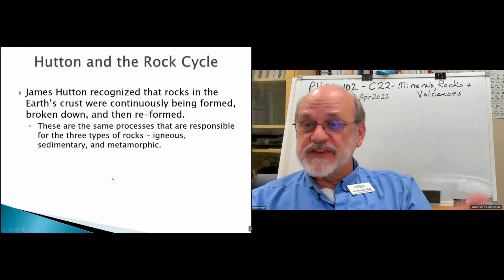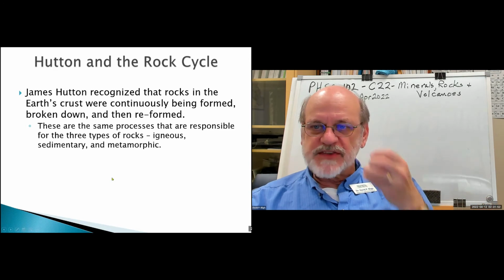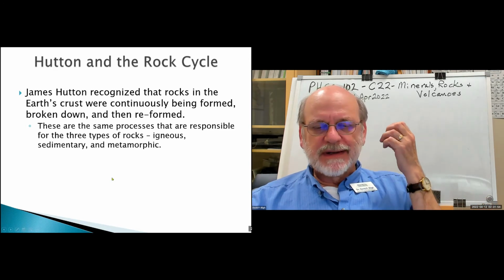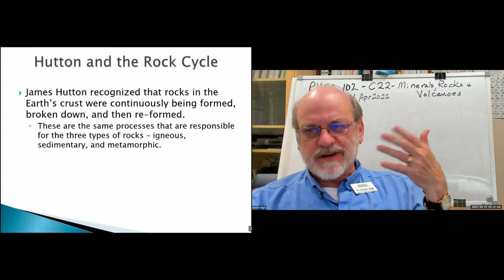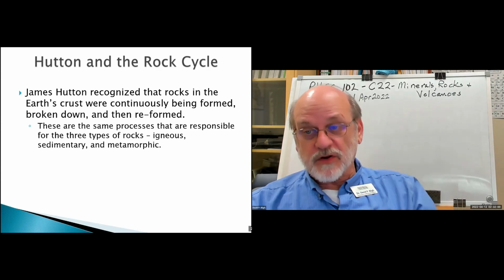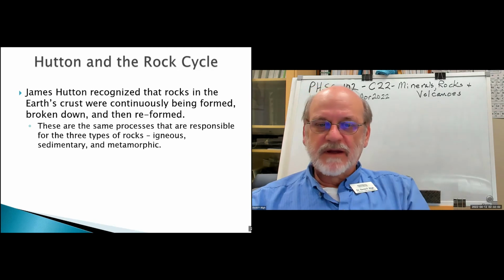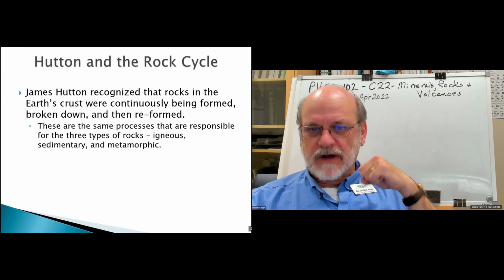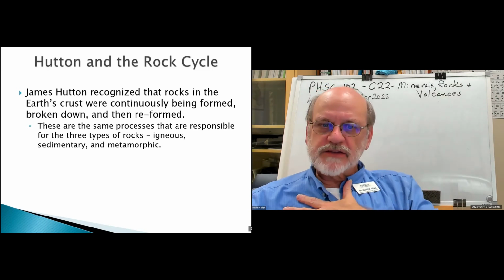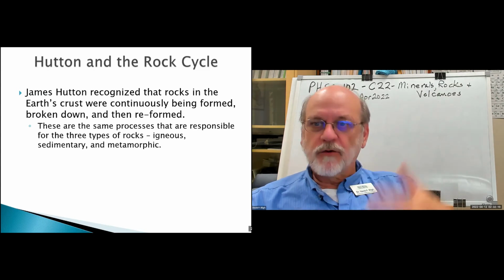And the processes we see today, sedimentation, the metamorphic part is a little difficult to deal with because it occurs where we can't see it. But igneous forms, right? We see volcanic forms, right? That gives you some clue as to these rock forming processes.